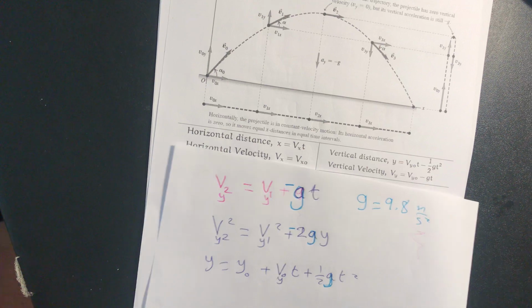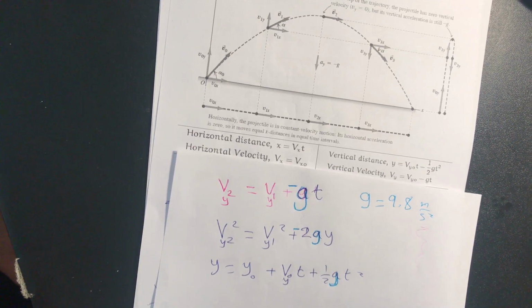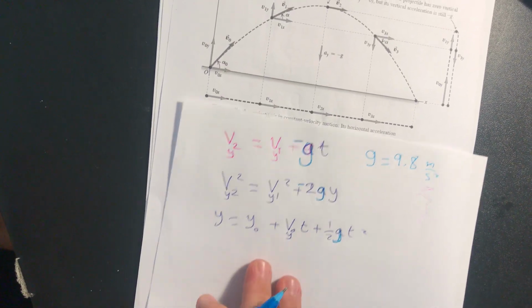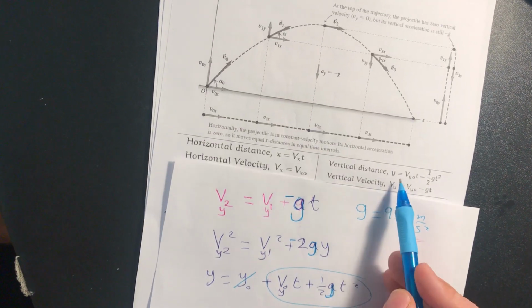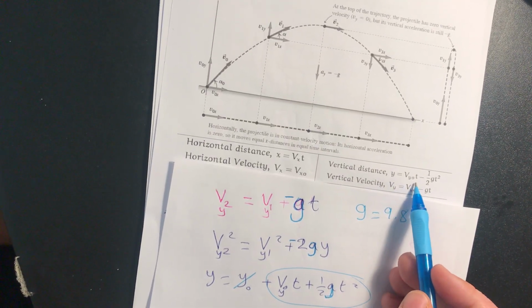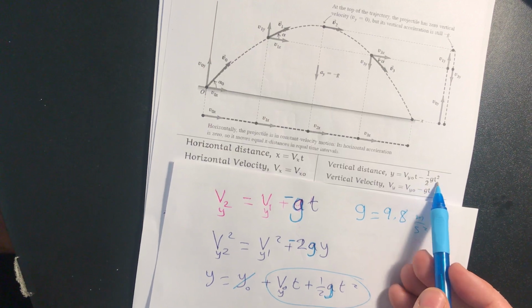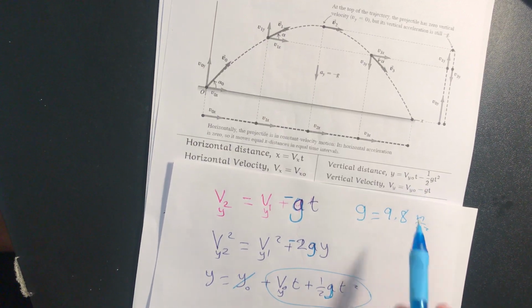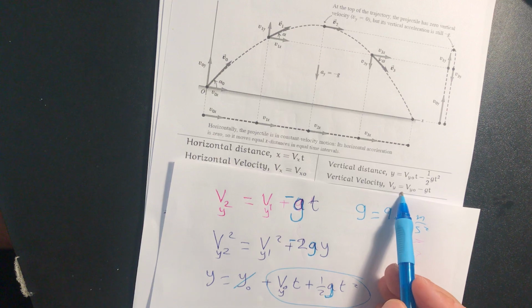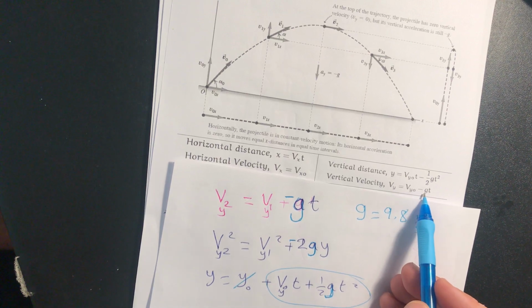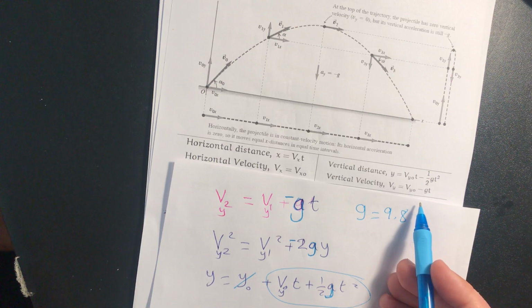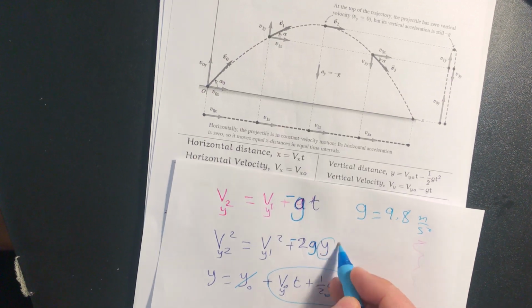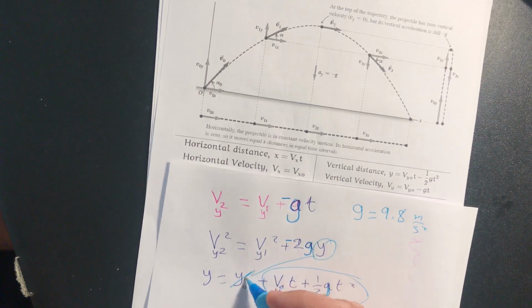So if we have y naught equal to 0, then we have two terms. So we can find that y is equal to v naught multiplied by t minus half g t squared, and vy is equal to v naught minus g multiplied by t, and y here is equal to 0 if it is y naught.